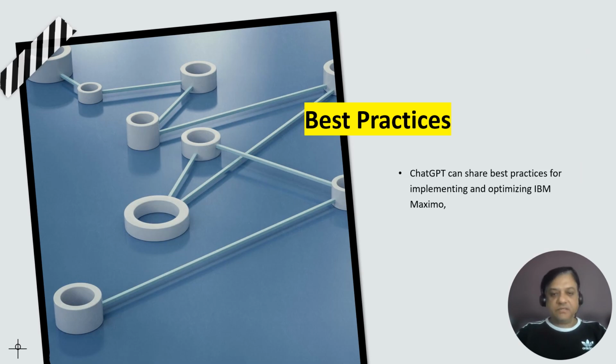Best practices. Once you want to see what the best practices are, you can just tell ChatGPT that, okay, I am installing Maximo 7.6, or I want to install Maximo 8. So what is the best practice?